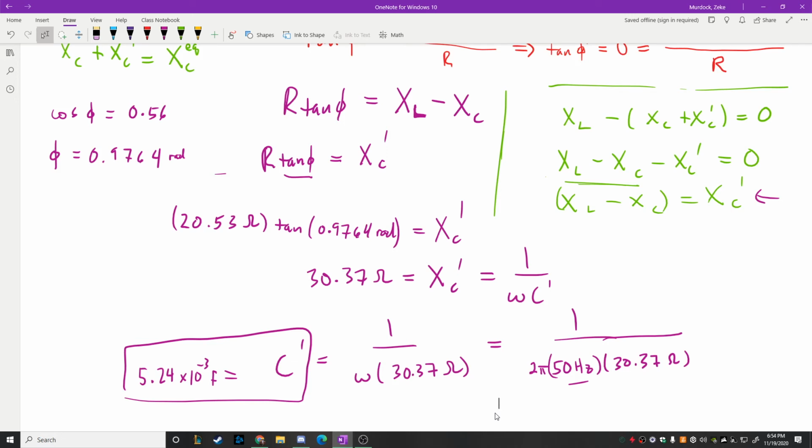You're both right. 1.05 times 10 to the negative 4. That's right. I just did not divide by 50. So the answer is 1.05 times 10 to the negative 4, or something like 105 microfarads, right? That would be 105 microfarad.